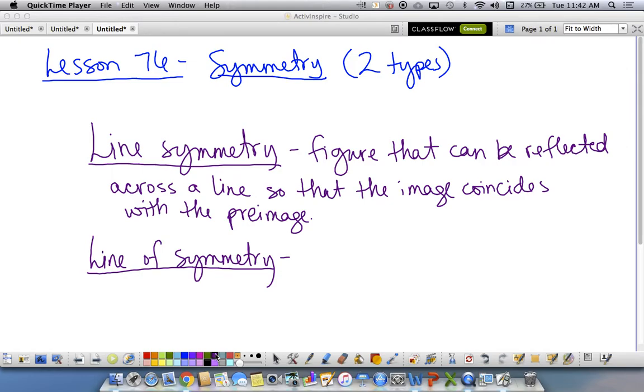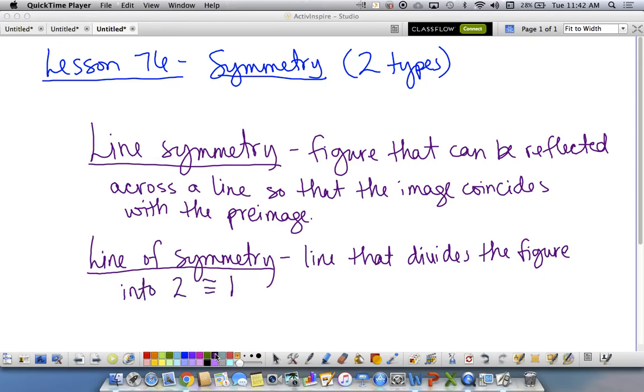It's the line that divides the figure into two congruent halves. Pretty sure I misspelled that. It's a V. It's no F. What am I thinking? Maybe when I wrote it, that wasn't correct. Okay? So, we can have some different things that have a line of symmetry.